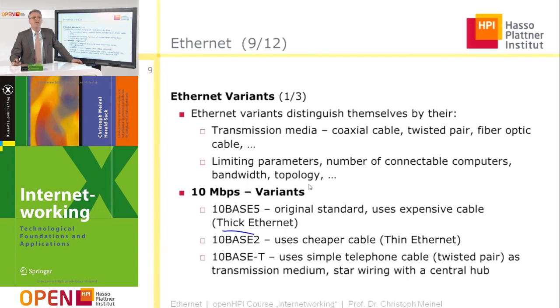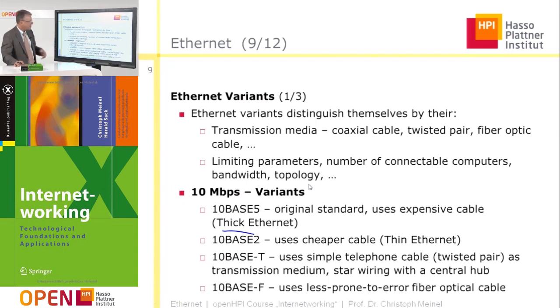that is twisted wire, as a transmission media, and is star wiring with a central hub. This was used, for example, in buildings to provide a connection to the transmission media in each flat or on each level. And then I want to mention, for these 10 megabit per second variants, the 10BaseF variant.